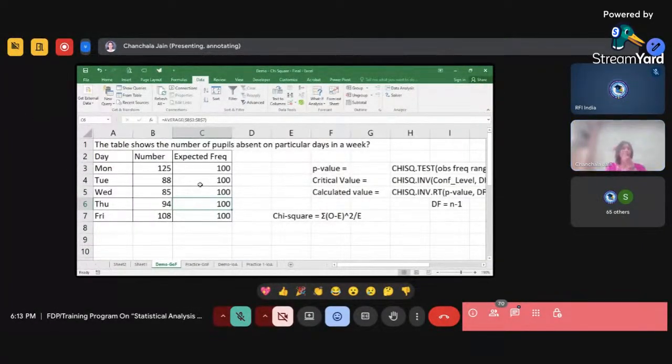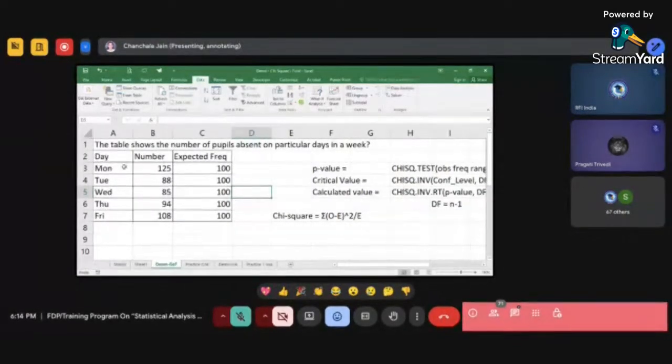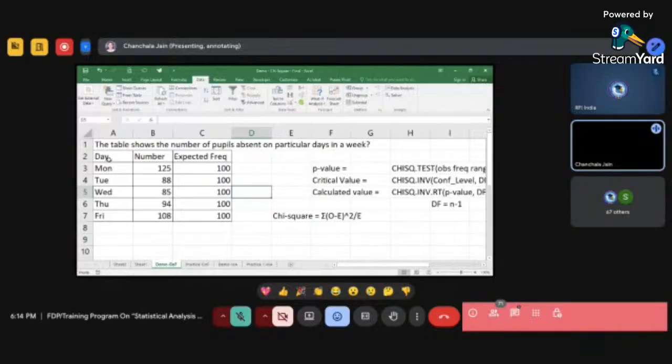Shall I proceed to tell you what is the problem given to us and how we can solve it? Yes, ma'am. Fine. You can see we have a table given and a statement. The table shows the number of people absent on a particular day in a week.